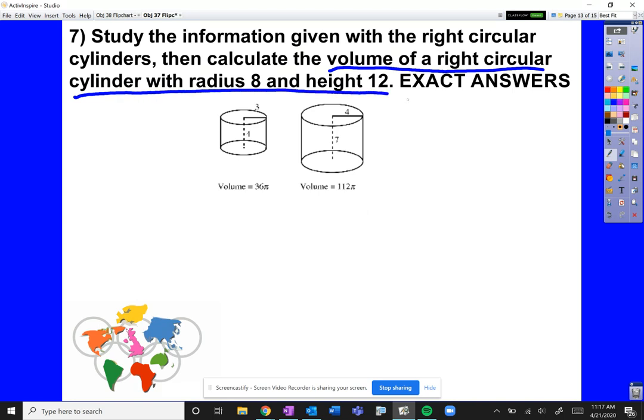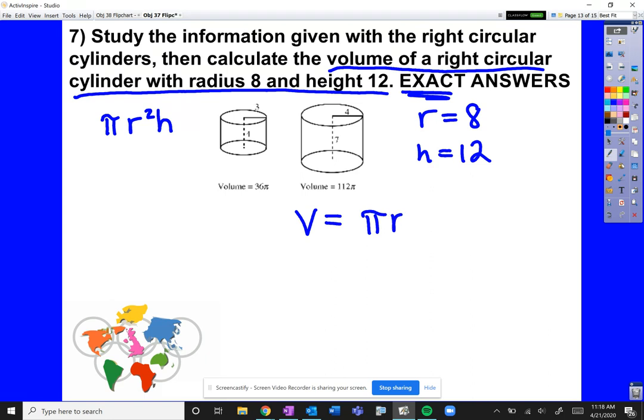Granted, there is a pattern here, but we already know the pattern. You take the radius and you square it, and you times it by the height, and then you slap a pi on. So that's all we're going to do here. So let's find the volume of a cylinder with the radius of 8 and a height of 12. And we want exact answers, so we're going to leave pi.